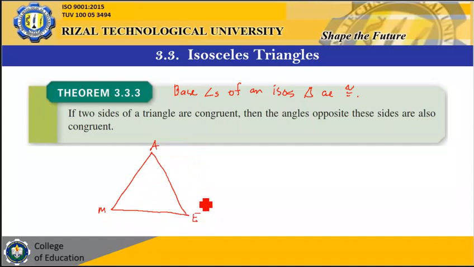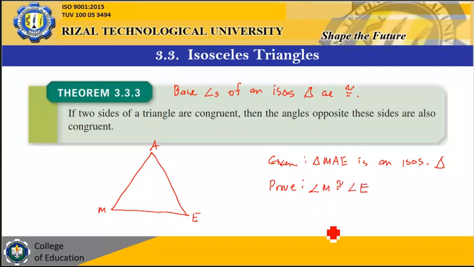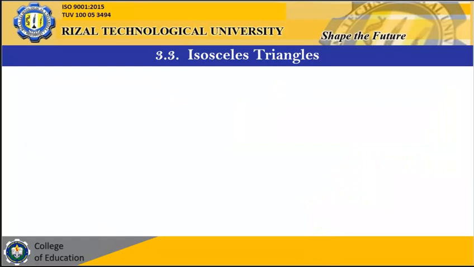Okay, so given that triangle MAE is an isosceles triangle, let's show that angle M is congruent to angle E. Let's have our proof. We have our statements and our reasons.